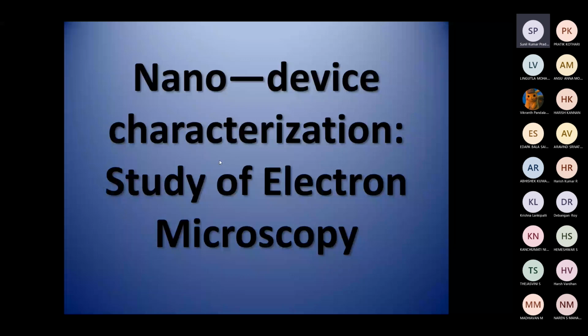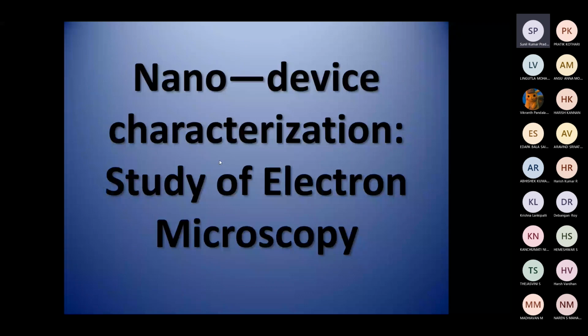Now, in CMOS device circuits, characterization is basically of the devices which we fabricate. The device which we have fabricated, we need to characterize. Otherwise, how can we get to know that the device is a working device or not?